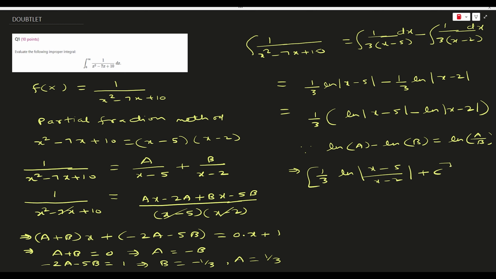And now since this is a definite integral, the limits are from 6 to infinity. If we first put x is equal to infinity, we have to solve the limit for this. So limit x tending to infinity of (x minus 5) over (x minus 2). If we take x common, it will become 1 minus 5 by x, and same in the denominator, x times 1 minus 2 divided by x.